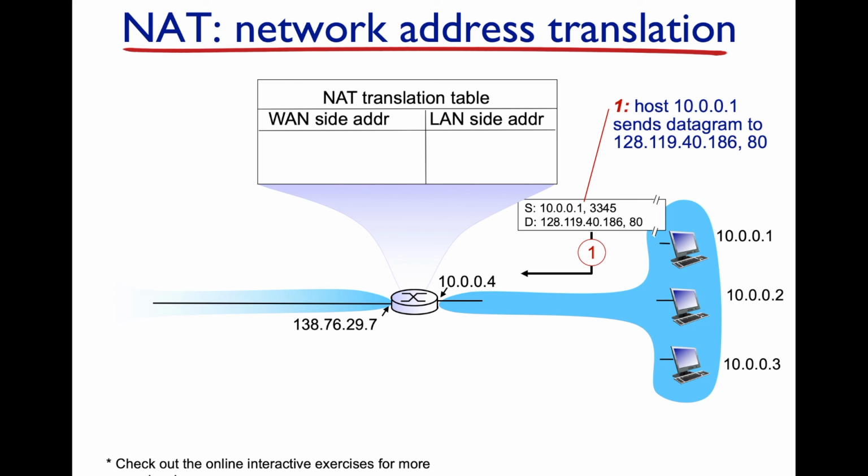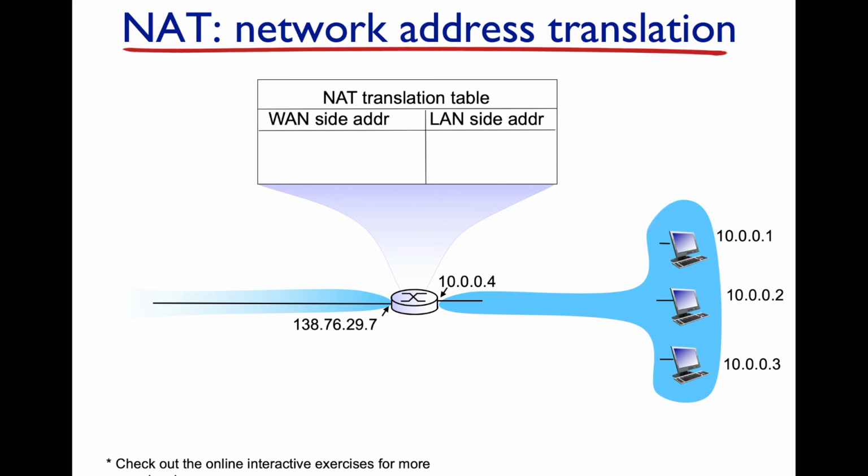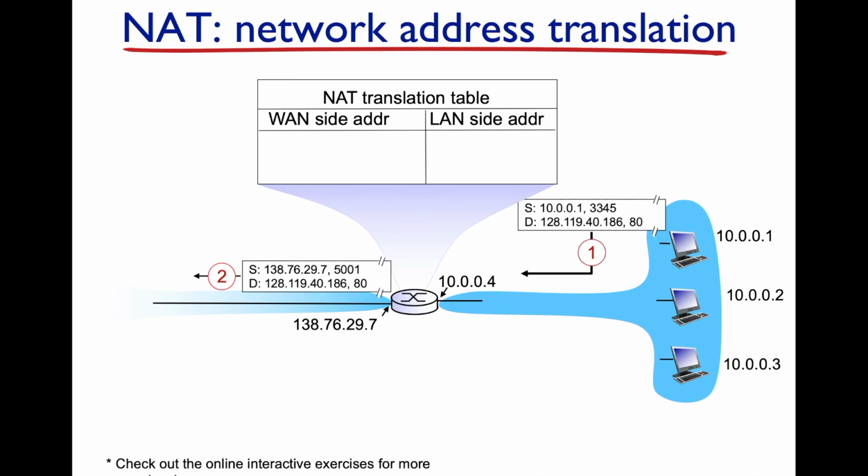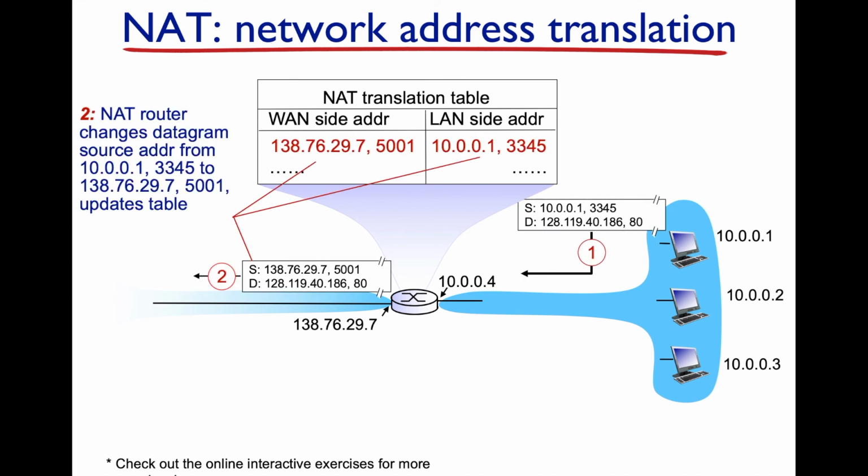And so we have our source and we have our destination, and it goes into the NAT because this router has an interface that it shares with this private network, the 10.0.0 network. The NAT then creates an entry, and this entry is associated with the public-facing IP address, and it creates a new port number on the public side. Here, it takes this datagram and rewrites it.